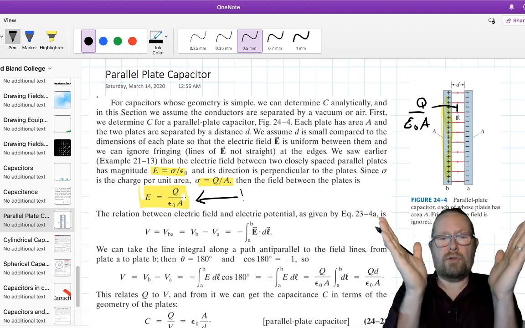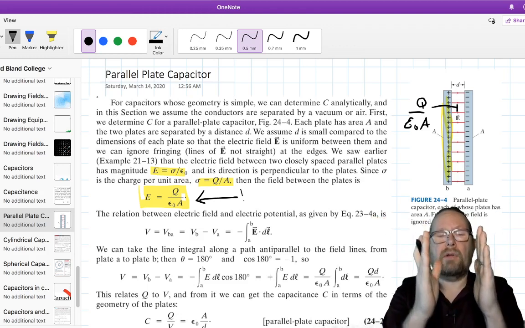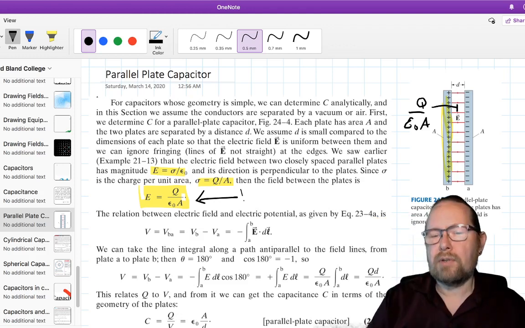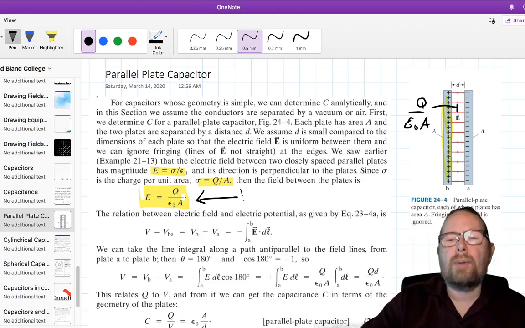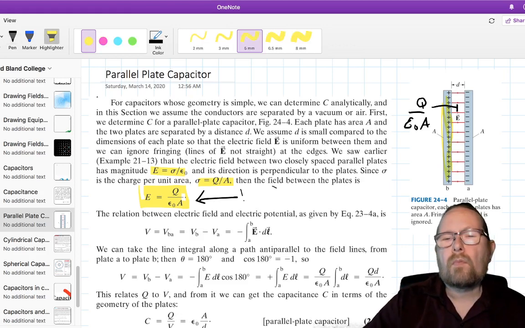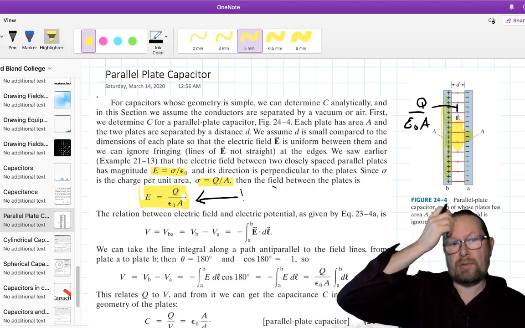They don't diverge. So if we build an actual parallel plate capacitor and we are in the middle of that capacitor, nowhere near the ends, then in this region of space the electric field lines are essentially parallel and the electric field is constant with respect to distance.